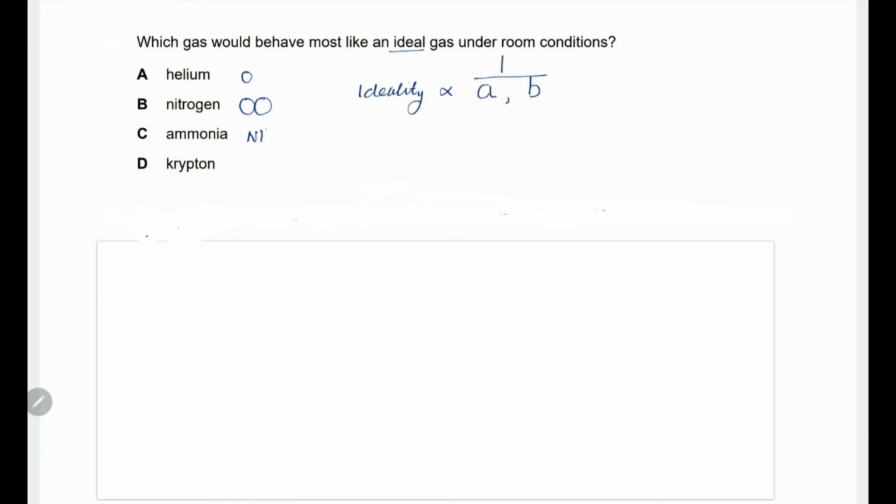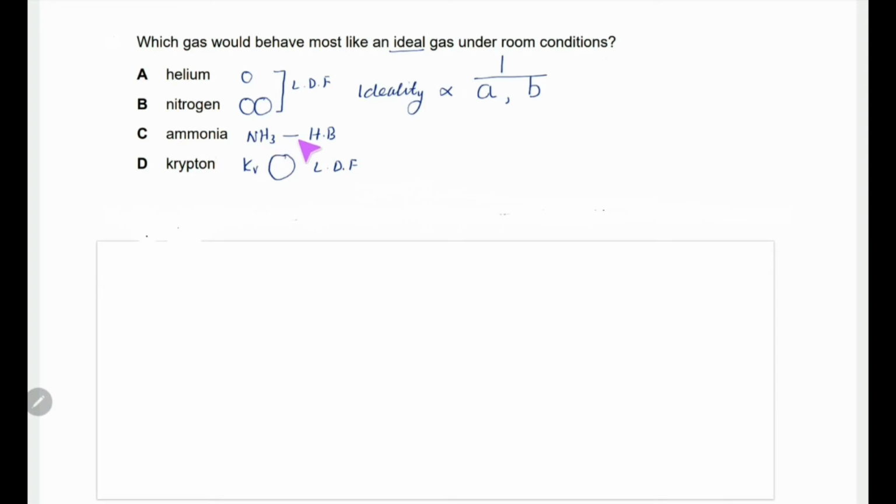Ammonia NH3 is a triatomic molecule, but it is polar too. And krypton is again a monoatomic molecule with a big size. So helium and nitrogen have only London dispersion forces. Ammonia has hydrogen bonding in it, and krypton has London dispersion forces because nonpolar molecules have London dispersion forces as the only forces operating in them.